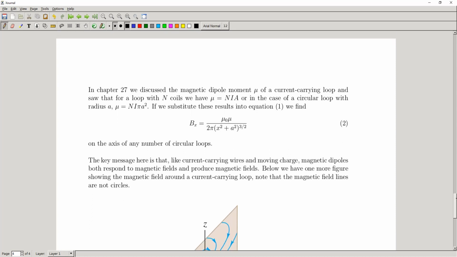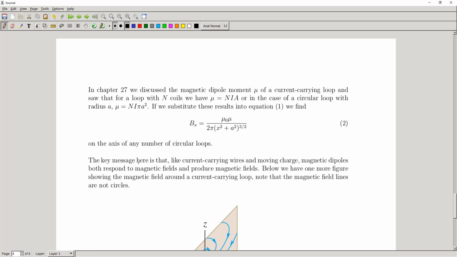And so like I said, we're getting to the punchline here, and the punchline is that just like current carrying wires or moving charge, magnetic dipoles both respond to magnetic fields. If you put a magnetic dipole in a magnetic field, it's going to feel a force from that magnetic field, but it also produces its own magnetic field, right?